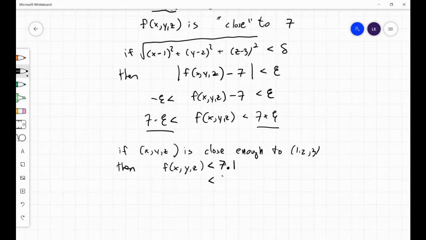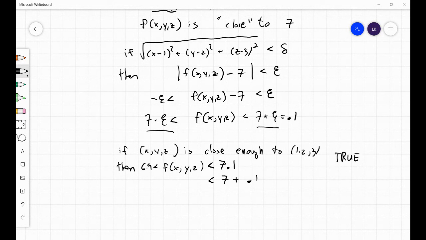That is true. Your epsilon would be 0.1, right? In fact, if we choose the point x, y, z close enough to (1, 2, 3), we can say the function's value will be somewhere between 6.9 and 7.1. So this would be true, right?